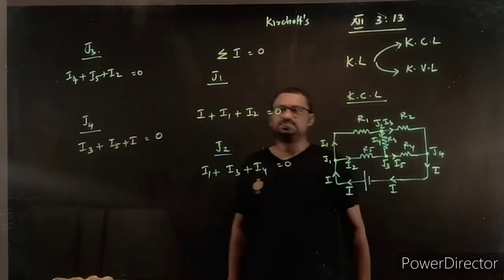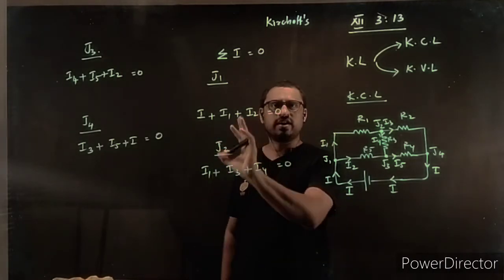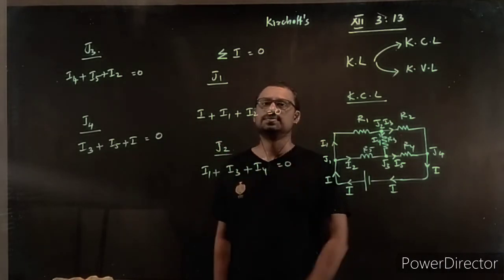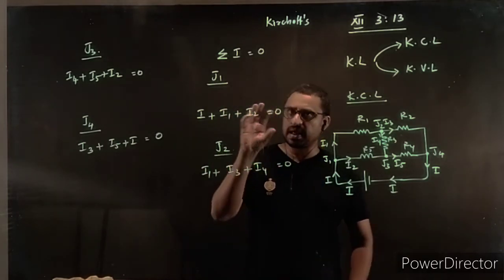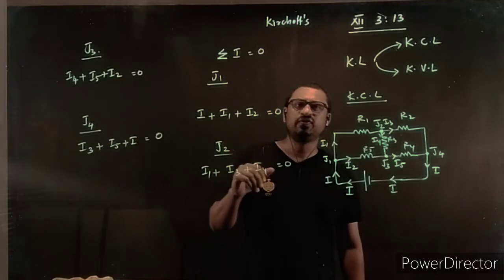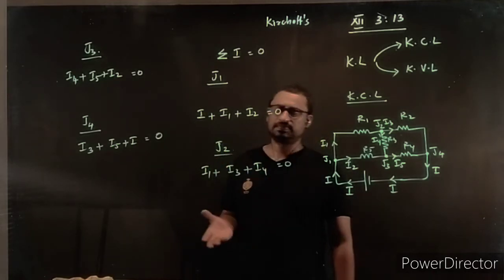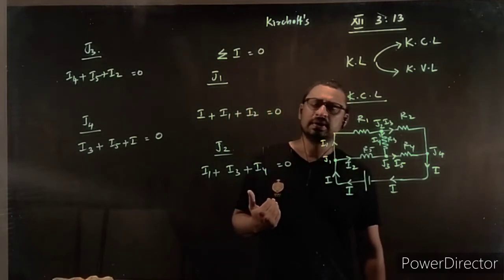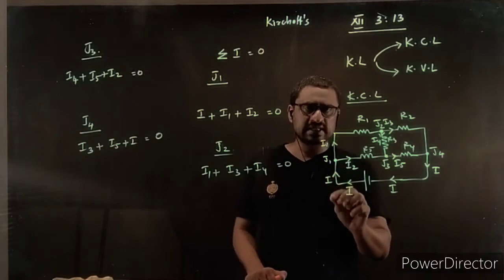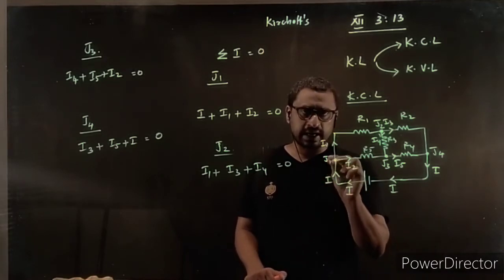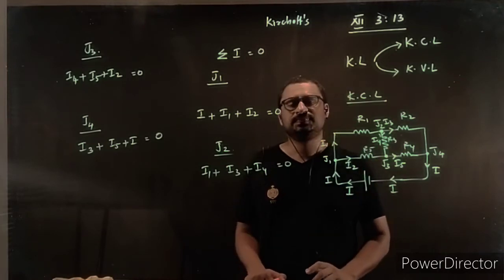This is the law, but I wrote it wrong here. So what is right? Before we apply this law, we have to adopt a sign convention. For any junction, there are two types of current: the current entering the junction and the current leaving the junction.